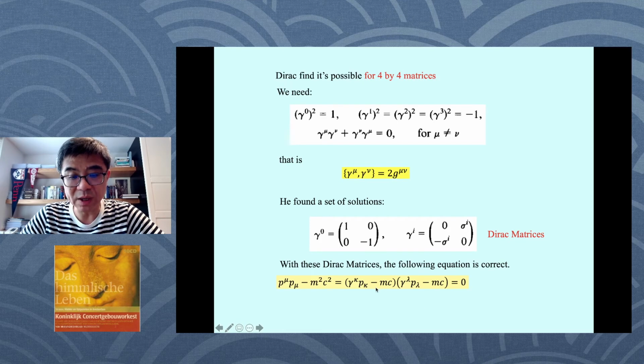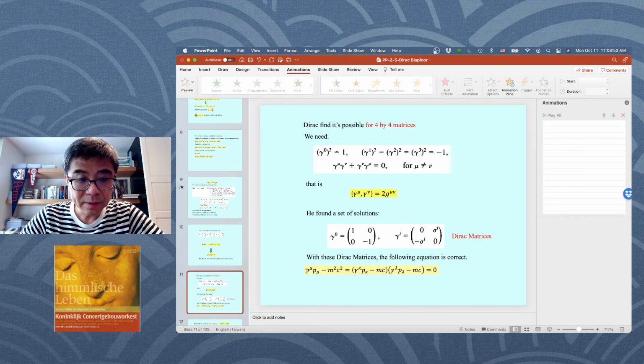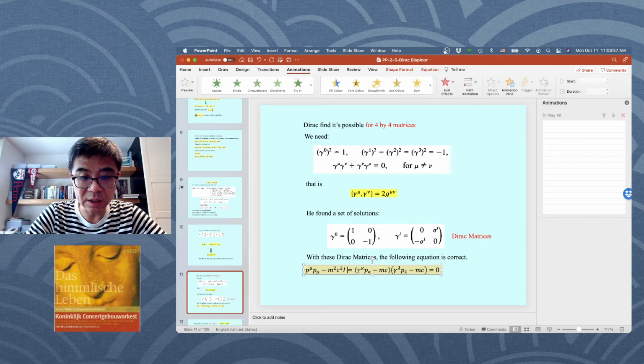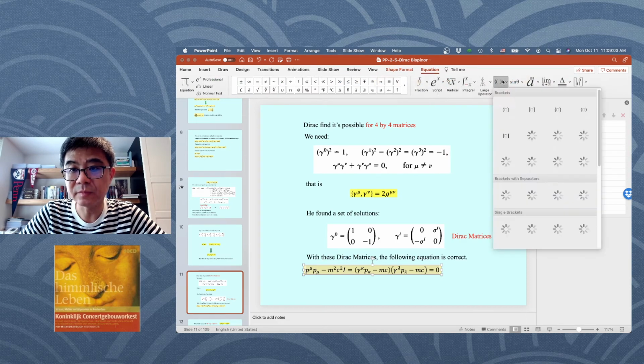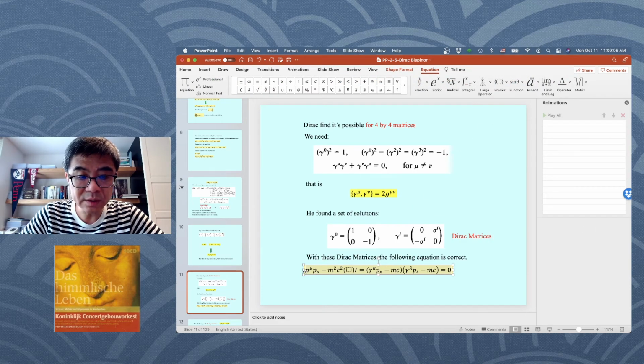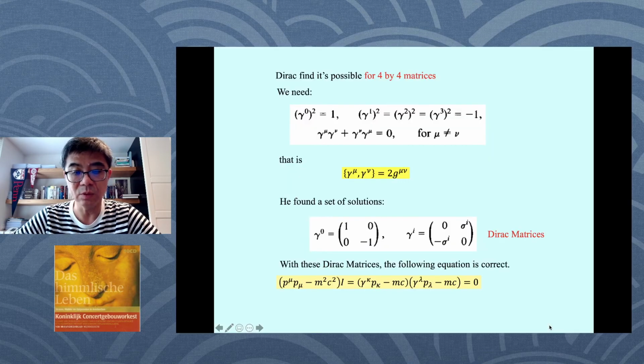However, you can check by yourself that it is a diagonal matrix, and it is equal to this times 1. Okay, probably I should write this more clearly. It is this relation times the identity, because the right hand side still needs to be a matrix. Okay, that'll be better.